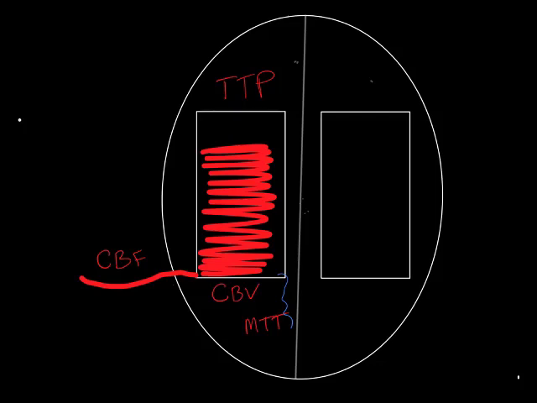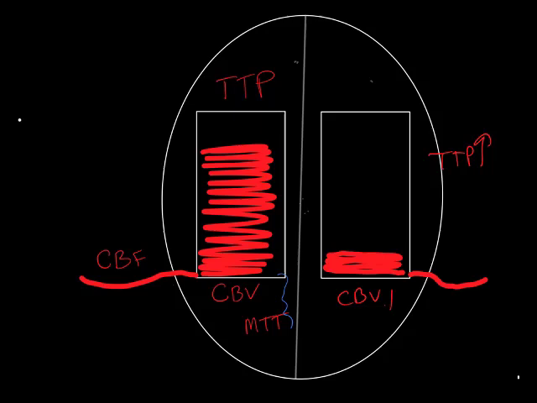So if blood flows in very slowly, cerebral blood flow is reduced. Blood flow is reduced, and it doesn't fill up very much, so cerebral blood volume is very low, and it took a long time just to reach this point. So the time to peak was long, so the time to peak was high.